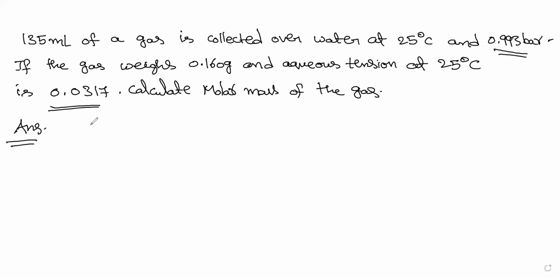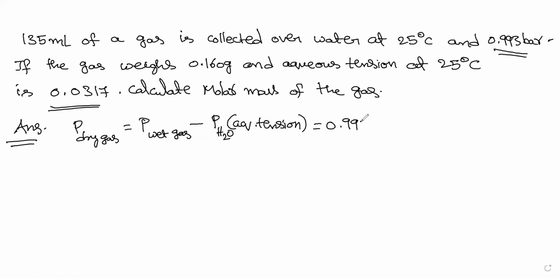So the pressure of dry gas is equal to the pressure of wet gas minus aqueous tension. What is the pressure of the wet gas? That is 0.993 bar minus aqueous tension.